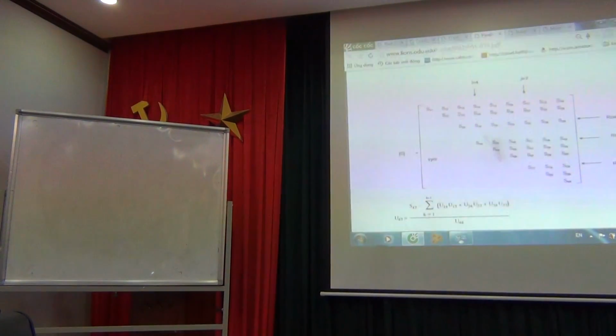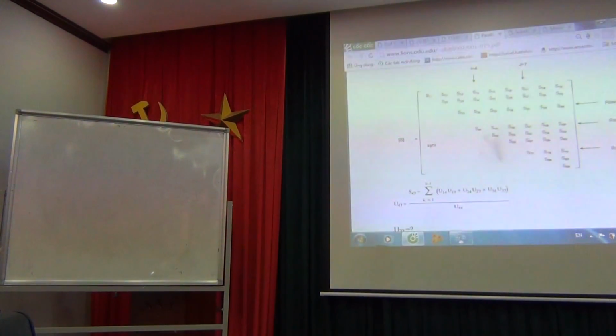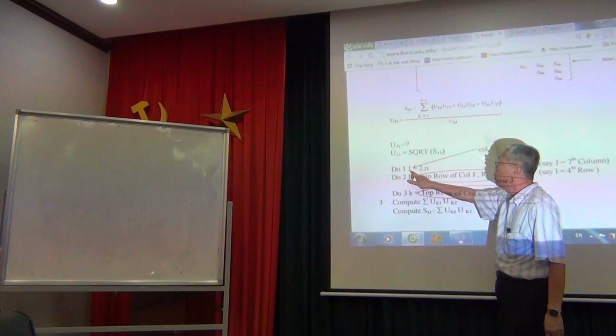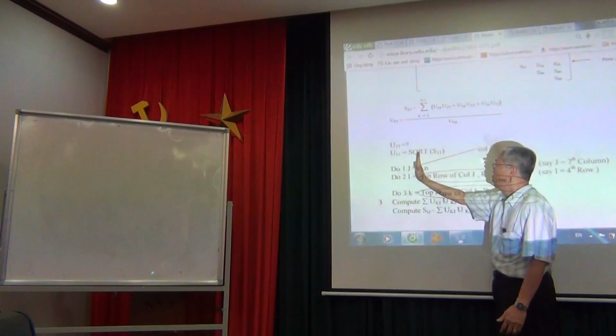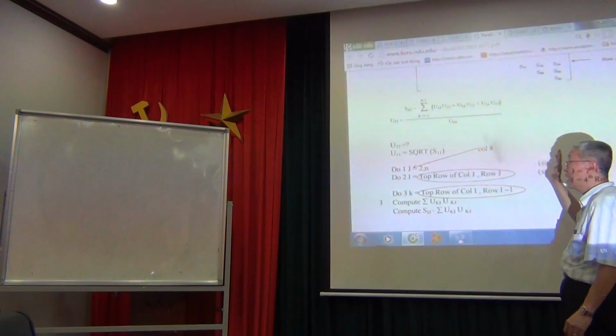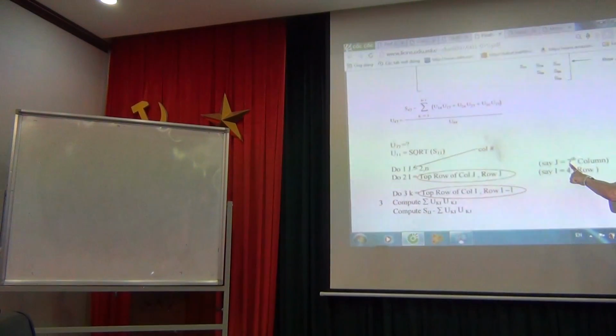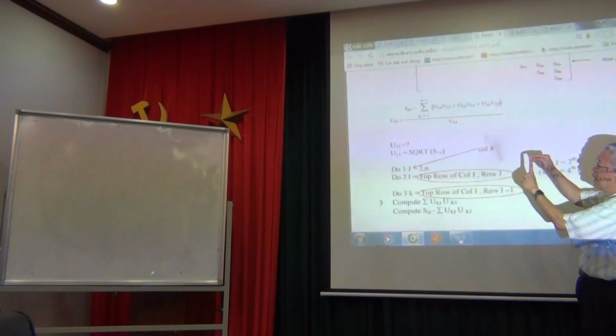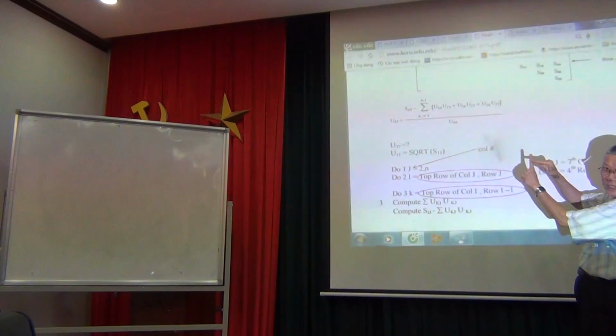Last time I also said very quickly that we have 3 nested loops. That's why it is expensive. The first loop, with index j, makes sure that you consider every column. Assuming we pay attention to a typical column, like column 7, in column 7 you have the unknowns U17, U27, U37, and so on.